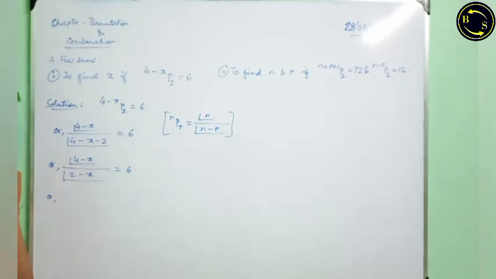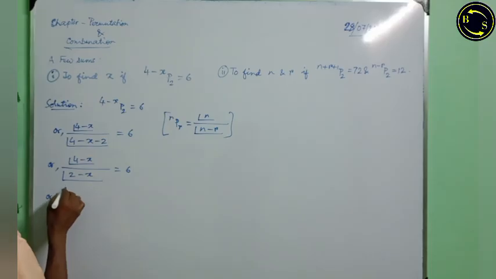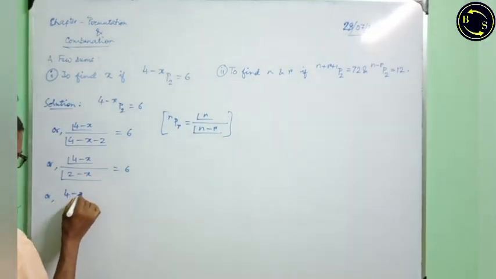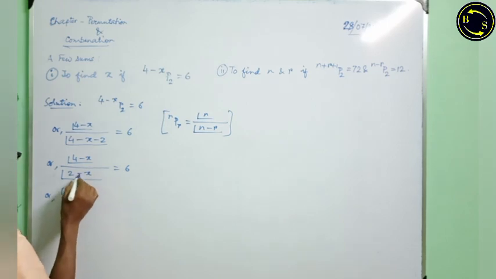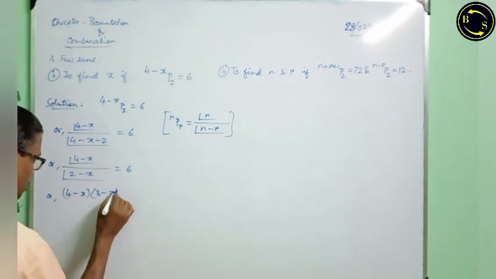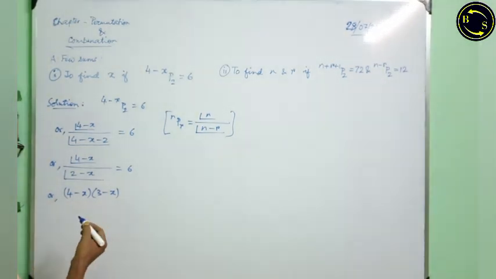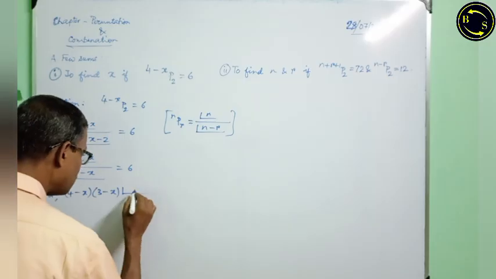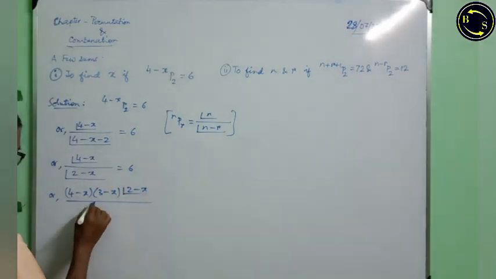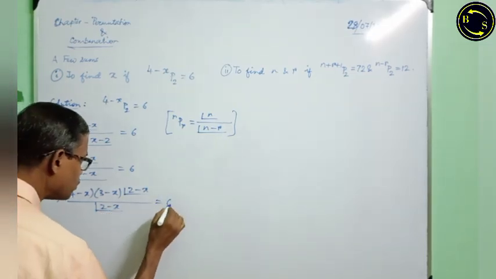Now 4 minus x is greater than 2 minus x, therefore I write factorial 4 minus x like this: 4 minus x, 1 less than this one, that means 3 minus x, then we have 2 minus x, factorial 2 minus x, divided by factorial 2 minus x is equal to 6.